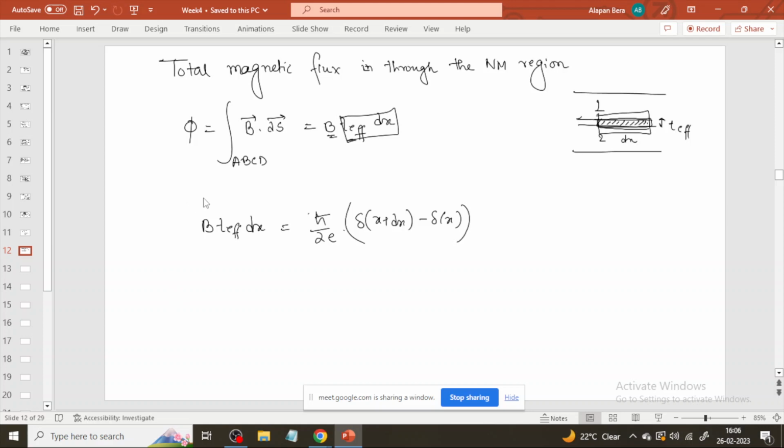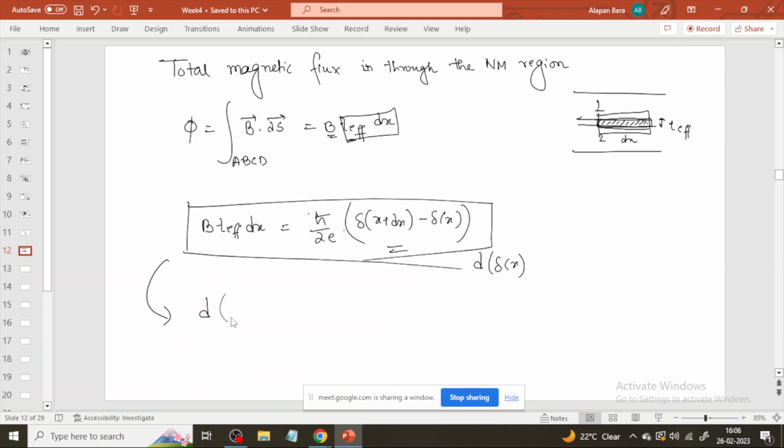Not the final conclusion, but this is what we have derived till now. So now we can also write this as d of delta of x, which is equal to 2e by h cut times B t effective dx.